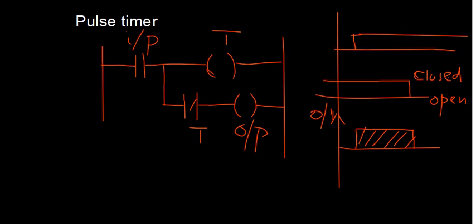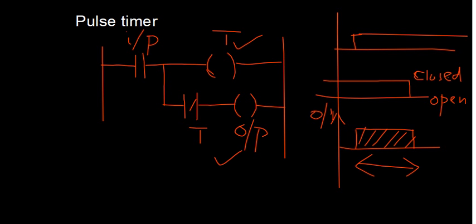So now you can see here, in this particular case, whenever the input exists, there are two outputs, since there are two parallel branches which we have taken here. Whenever the input exists, one is your timer is going to get activated, and another, since the coil is the normally closed coil, the output is also going to get activated, right?